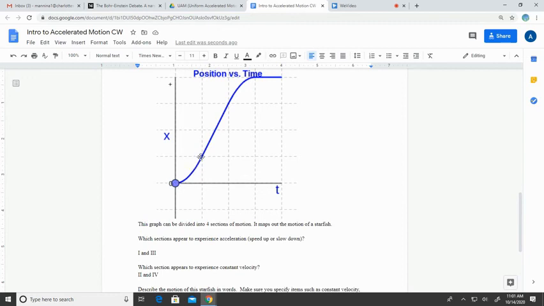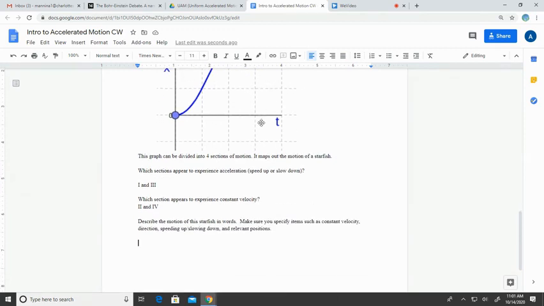That's the first section. Then the starfish continues traveling at a positive constant velocity. Boom, second section done. The starfish then starts to slow down, still moving in the positive direction. Boom, third section. And finally, the starfish stops. And we got all 4 sections done.